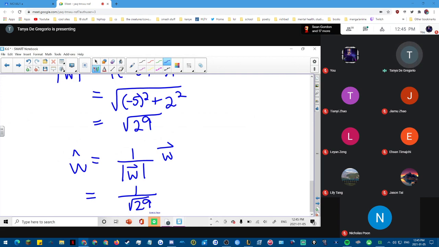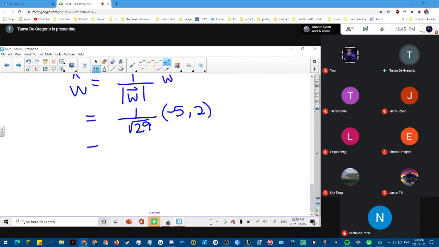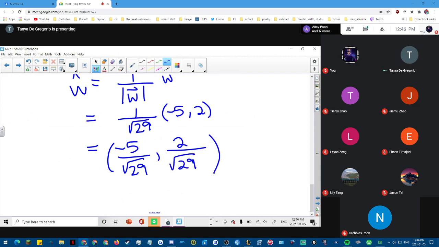So I'm taking that vector w, which we know we can express in component form as (-5, 2), and I'm dividing it by root 29. And now it's a unit vector. Okay, and that's unit vector w.